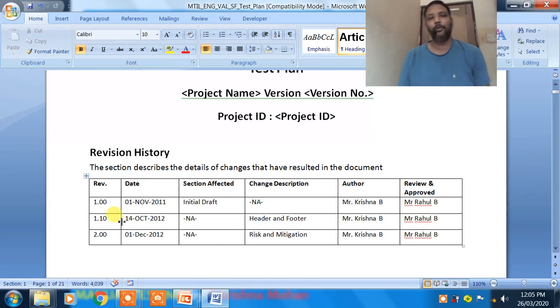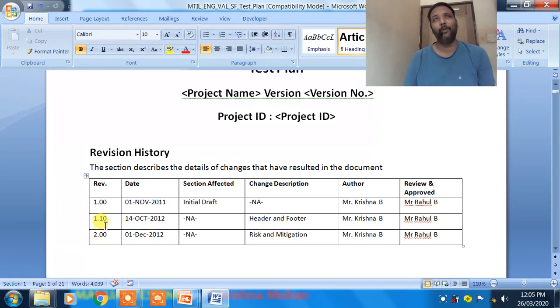If it is a small change, only the last number will be changed. If it is a medium change, the second number will be changed. If it is a somewhat big change, then in place of one, it will become two.